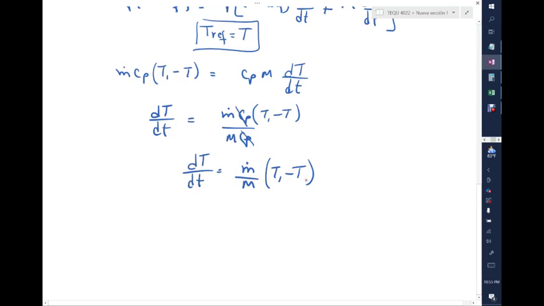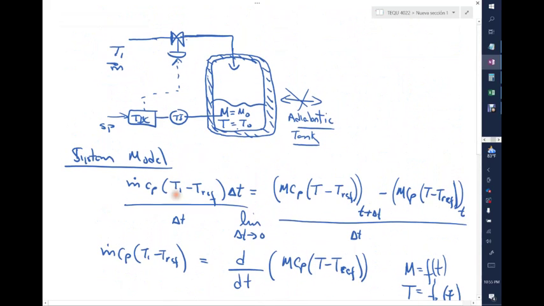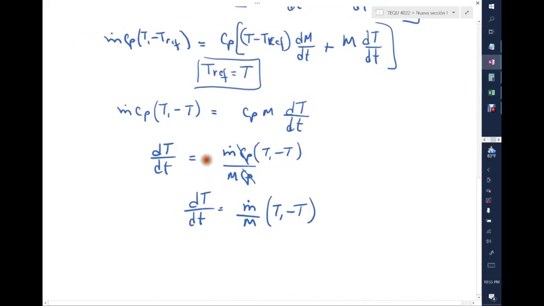For a, I mean, there's no reaction in this vessel. I'm only adding a fluid, in this case, for example water, to cool this content, which have both the same Cp value. All right, so with that clear, then we end up with this equation.